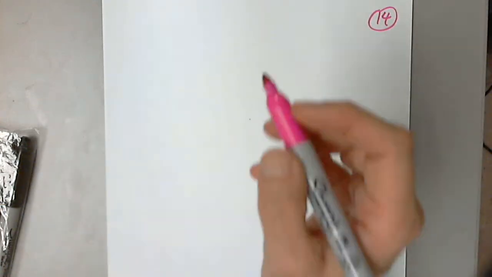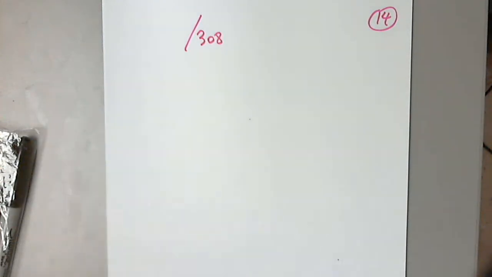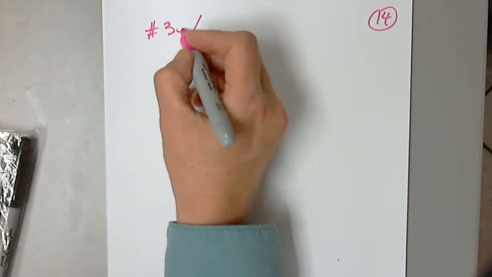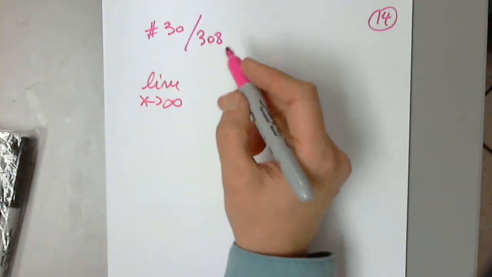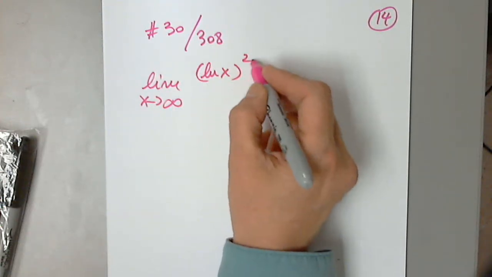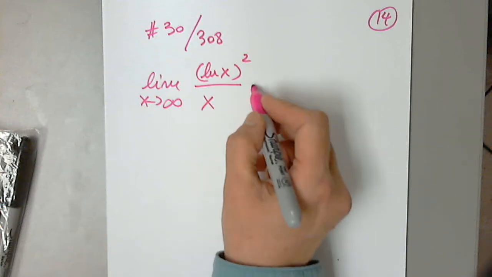On page 308, let's start with 30. So we have limit as x approaches infinity from natural log x squared divided by x.